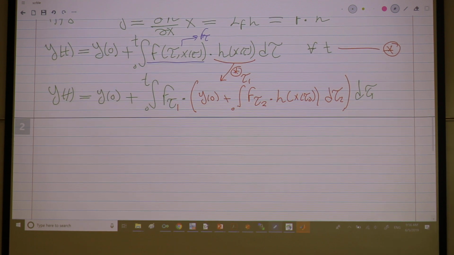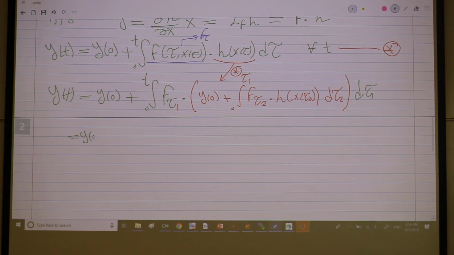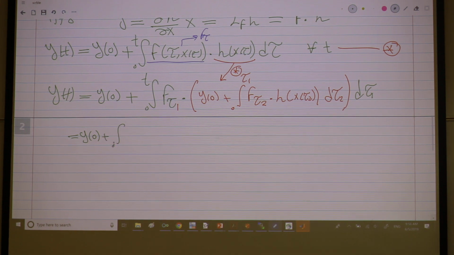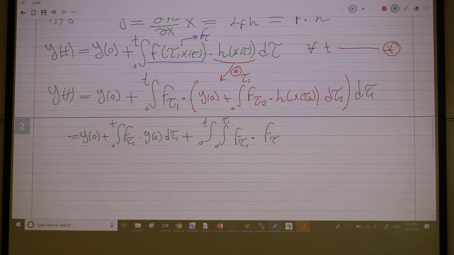So I will have y of 0 plus the integral of f tau 1 acting on y of 0 d tau 1 plus the iterated integral from 0 to t, 0 to tau 1, of f tau 1 acting on f tau 2 acting on h of x tau 2, d tau 2 d tau 1.